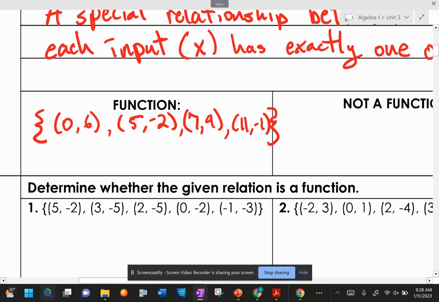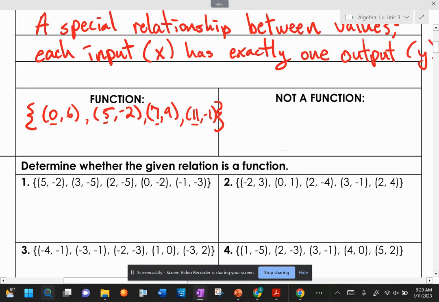The reason that this is a function is because we have 4 different x's, and they each have a y value. This is a function.